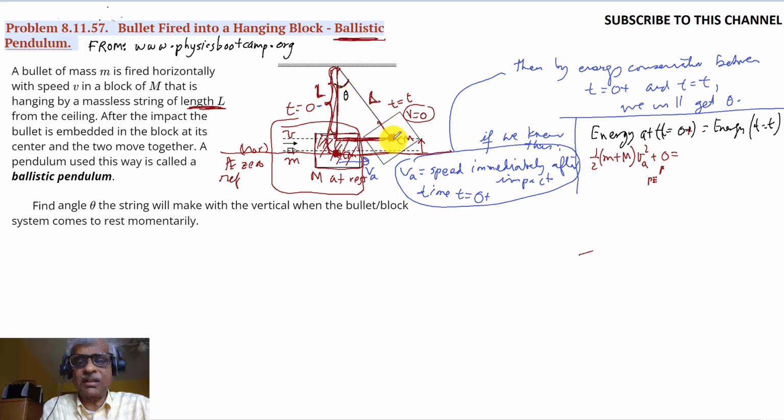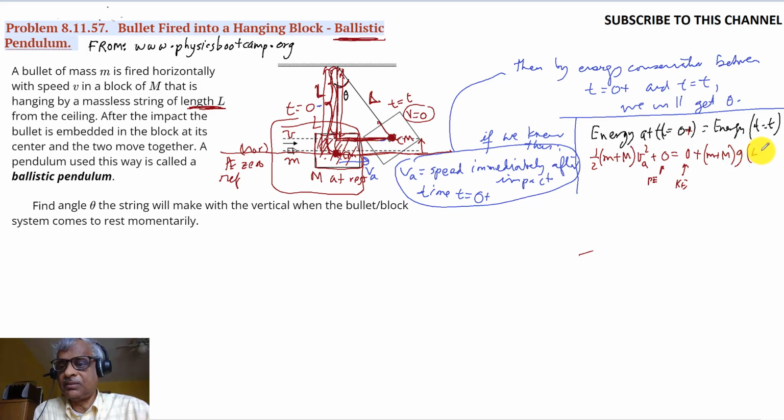If this is L, then from here to here, this side will be L cosine theta. But from here to here, all the way will be L. So L minus L cosine theta. So kinetic energy is 0. And then we have (m plus big M) g times (L minus L cosine theta).